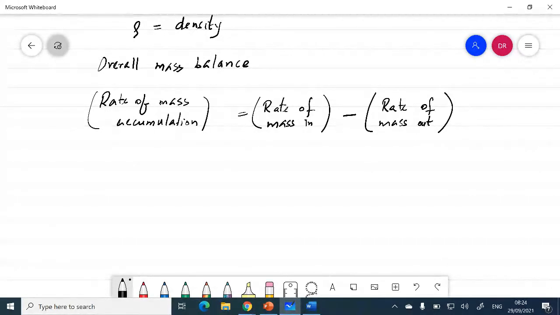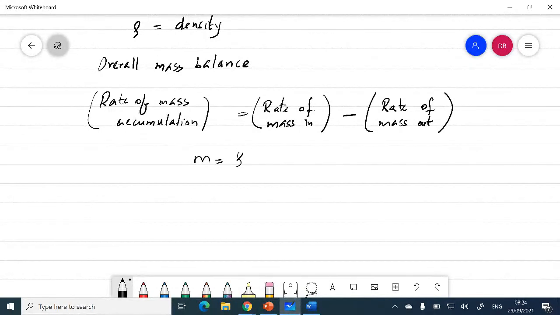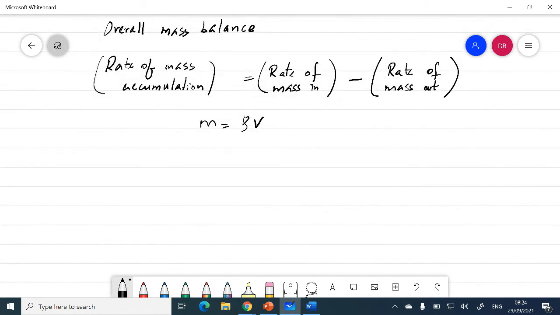How can we write it? Simply we will use this equation, m is equal to rho Q. If we multiply the volumetric flow rate with the density, it will be equal to mass flow rate. And here we can write the accumulation term, that is d rho V over dt, is equal to rate of mass in, so this is rho Qi, and rho Q.